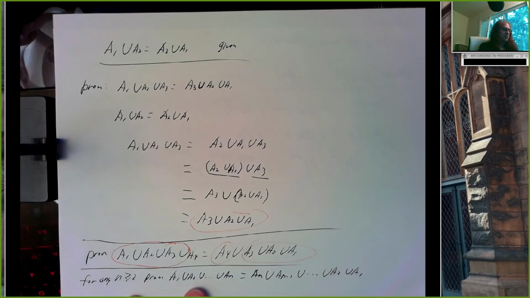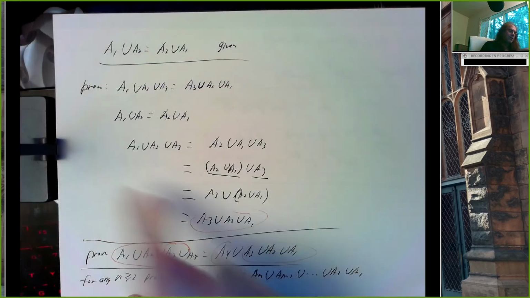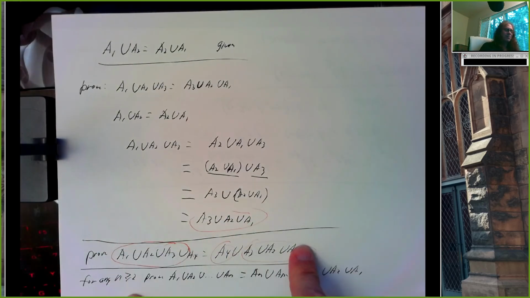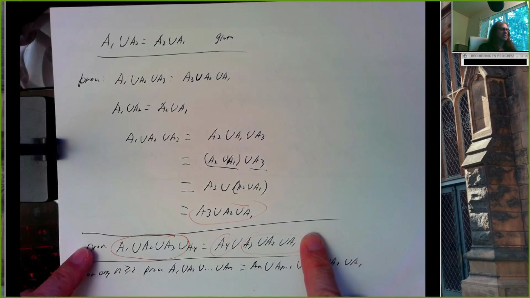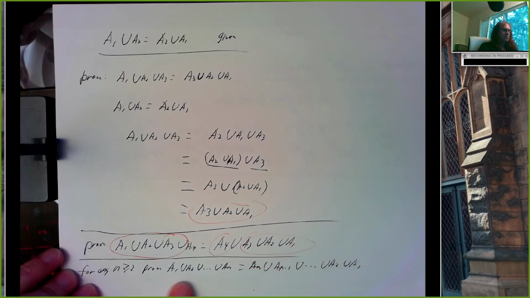And that's a fundamental leap. Right? If I know this for 2, I can prove it for 3. If I know it for 3, I can prove it for 4. If I wanted to prove it for 5, I could take this and I could prove it for 5. And then I could prove it for 6 and so on. And so if you said prove this for n equals 100, I could do it. It would take 100 pages of paper, but it's doable.